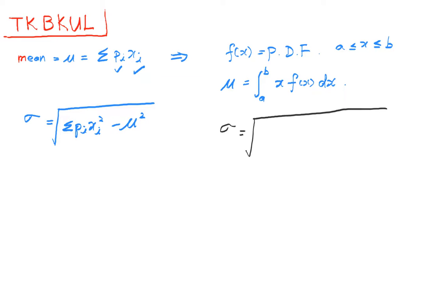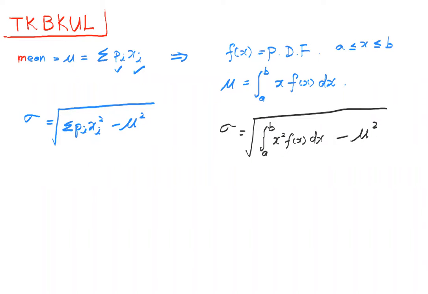All involve integration. Understand? So you integrate from a to b, all the possible values of x, x squared f(x) dx, take away the mean squared. So that is how the formula comes about. All the summation signs you change to integrals.